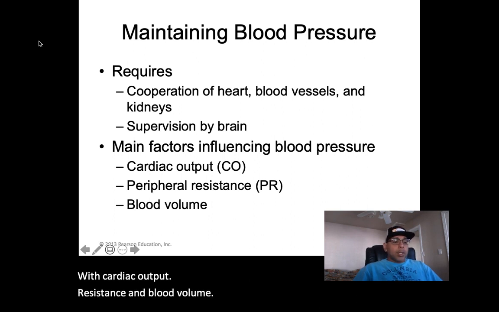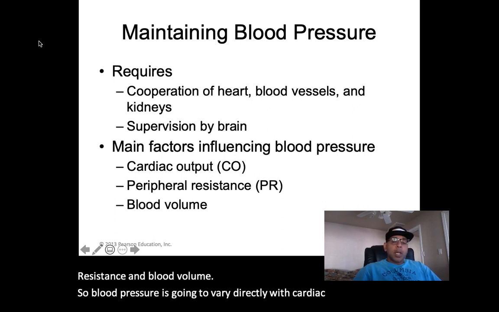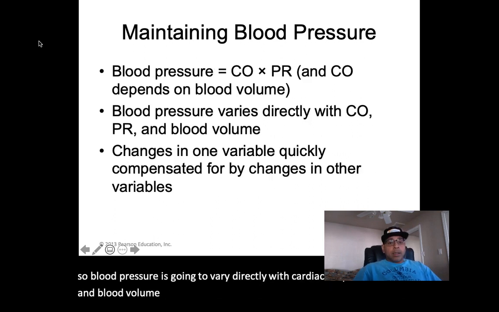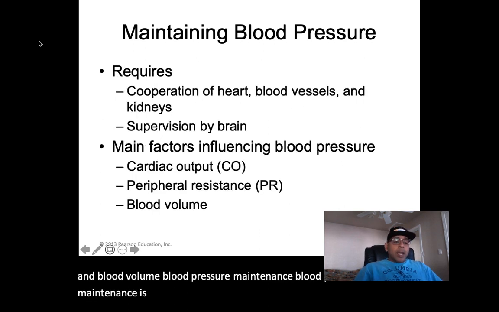Blood pressure maintenance is done via short-term regulation and via long-term regulation.